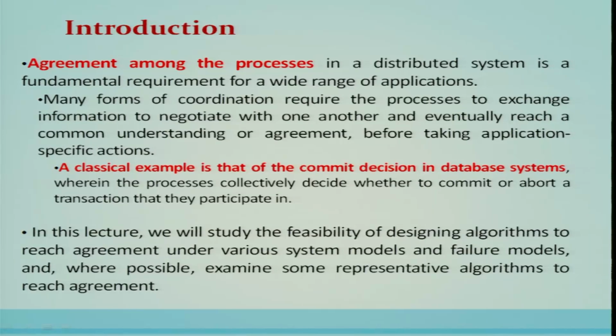A classical example is the commit decision in a database system, wherein the processes collectively decide whether to commit or abort a transaction that they participate in. In this lecture, we will study the feasibility of designing algorithms to reach agreement under various system models and failure models, and where possible examine some of the representative algorithms to reach an agreement.